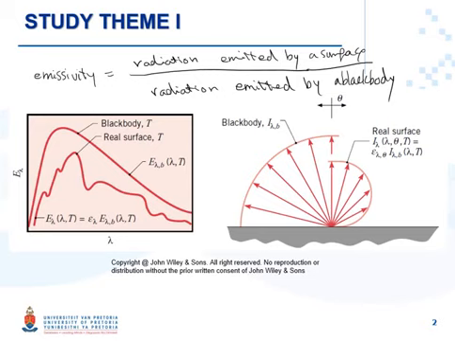But you see in this picture that emissivity of a real surface is not a constant, and it may have different values according to whether one is interested in emission at a given wavelength or in a given temperature direction.